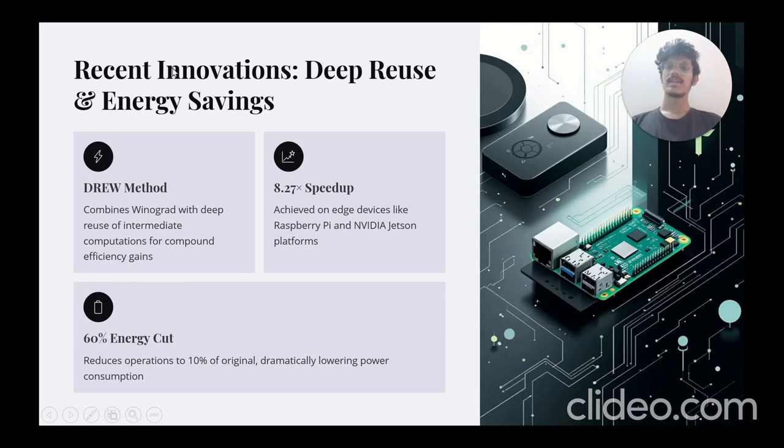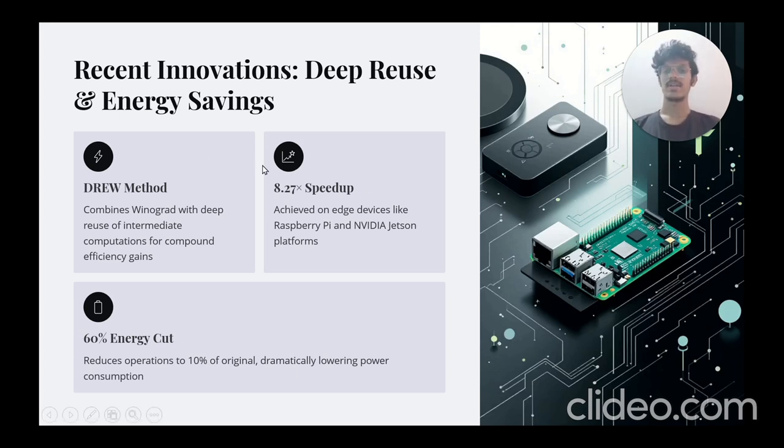So here in recent innovations, we talk about deep reuse and energy savings, using the Drew method, which combines Winograd with deep reuse of intermediate computations. Essentially, instead of computing every multiplication straightforwardly, we try to reduce the multiplications by taking the intermediate values and computing them along with the further multiplication, basically pipelining these values and reducing computation cost.